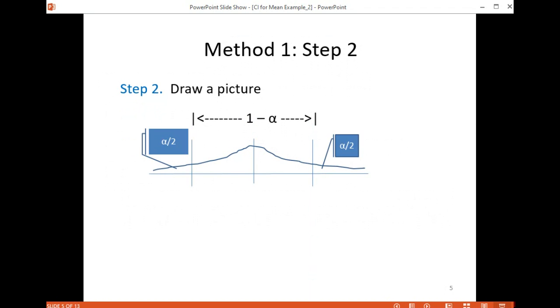And so you know, in the middle, centrally located is 1 minus alpha, and that is the confidence level. So in this particular case, the confidence level is 95%. So 1 minus alpha is 0.95. Okay, so from that, you can calculate what alpha is.